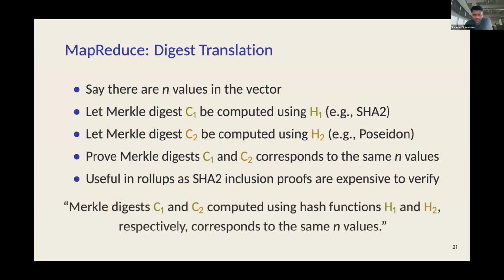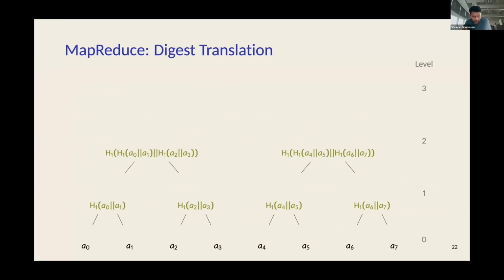So the exact statement which we are trying to prove here is that Merkle tree digests C1 and C2 were computed using hash functions H1 and H2 respectively, and these were computed over the same n values. So just like the previous BLS key approach, you can first compute the Merkle digest using the hash function H1, and the map operation in this case is going to just be an identity operator.